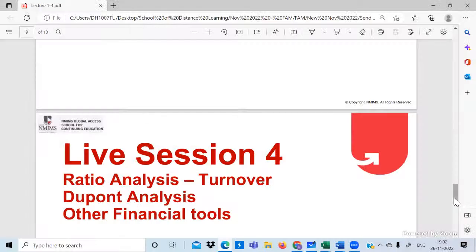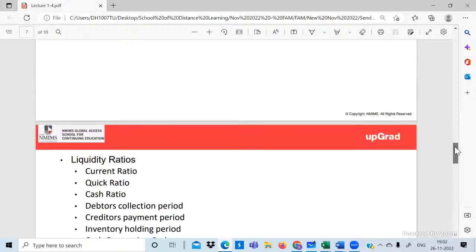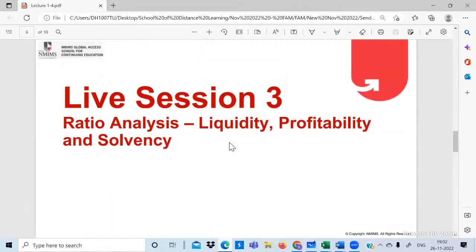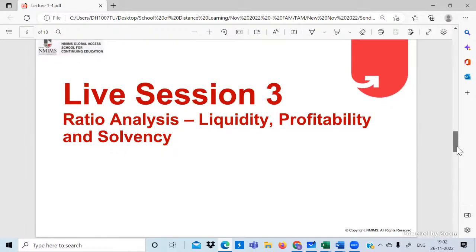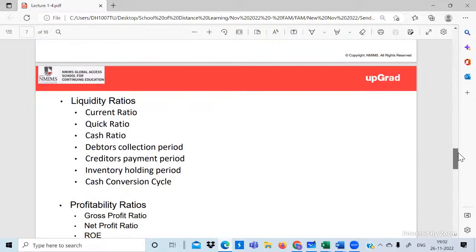We looked at these three ratios, that is liquidity, profitability, and solvency. So we covered different ratios in liquidity. The important ones typically that companies or anyone who's working in the industry would look at would be the current ratio, the quick ratio, and then your debtors, creditors, and inventory holding period, the cash conversion cycle.